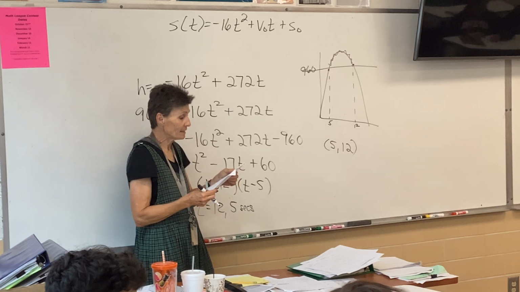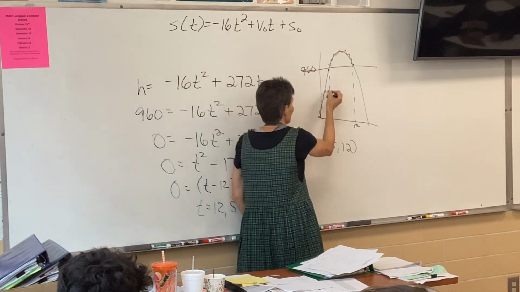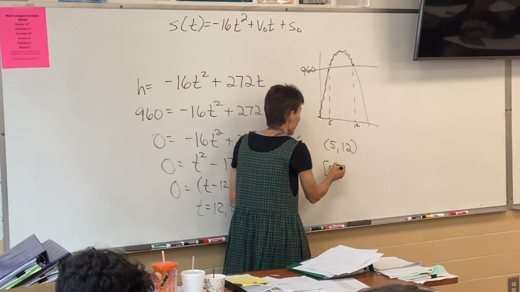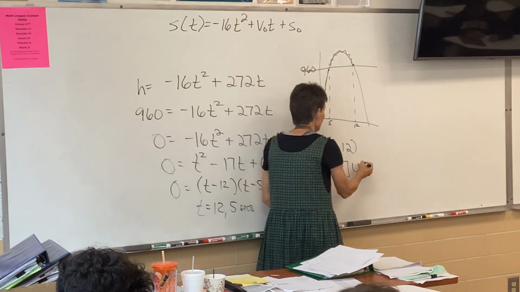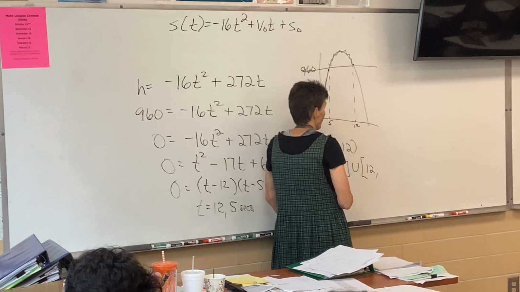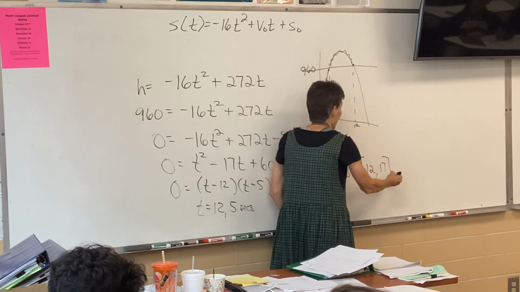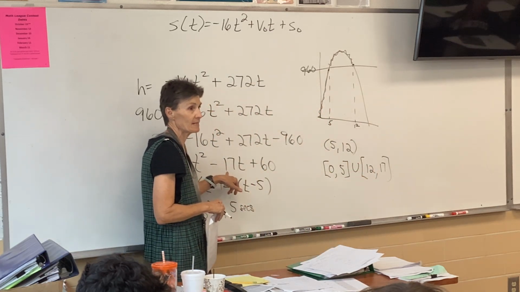When will it be less than or equal to 960? Under. So 0 to 5, union 12 to 17. Now, that 17 has nothing to do with the other 17.